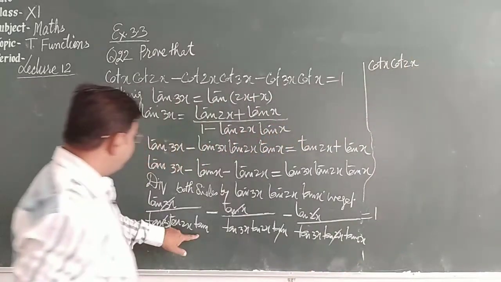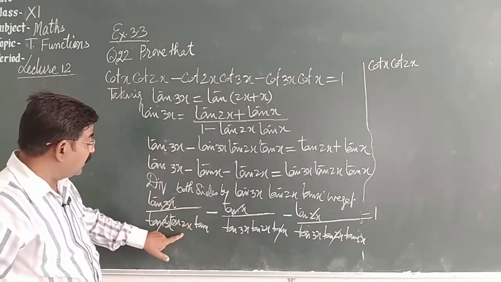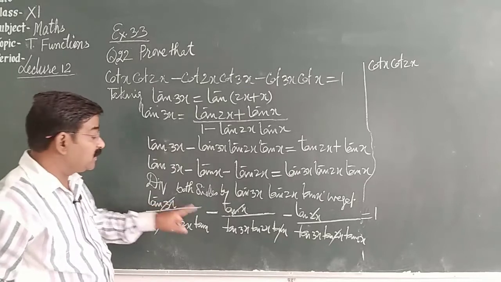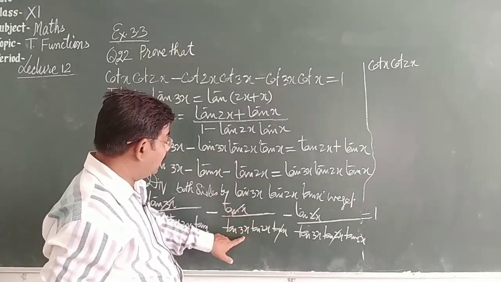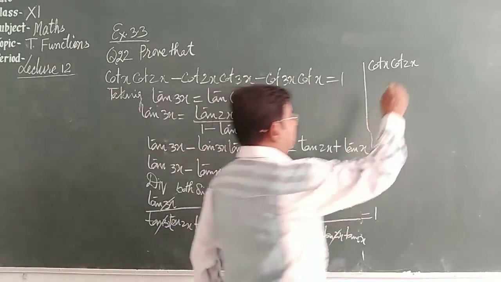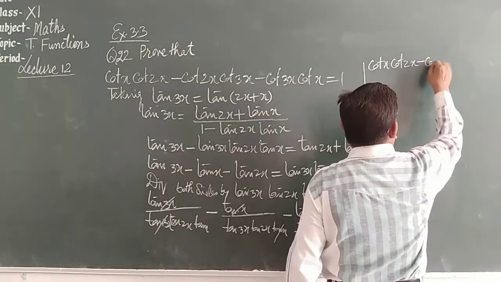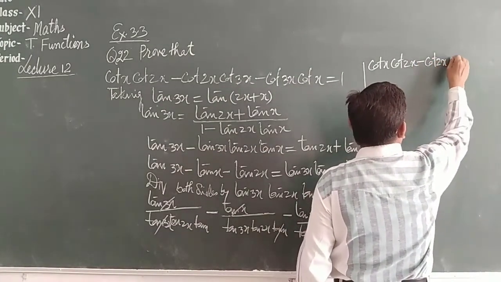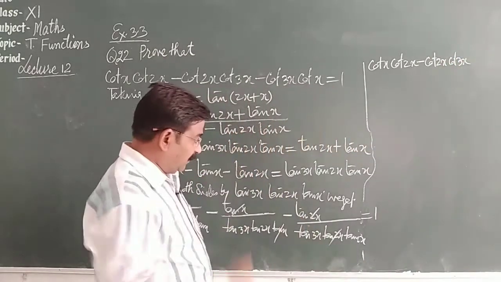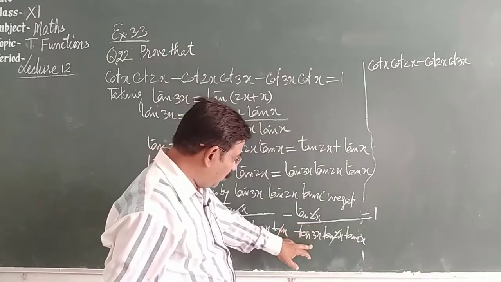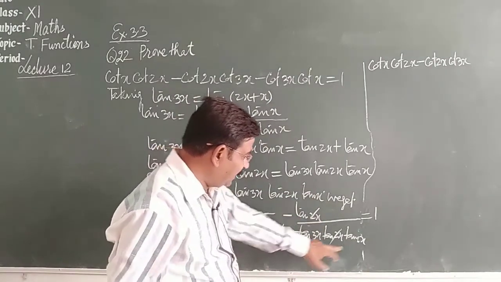Tan x comes into the numerator, becomes cot x. Tan 2x comes into the numerator, becomes cot 2x, and tan 3x becomes cot 3x. So we have minus cot 2x cot 3x, and finally tan 3x and tan x are left.